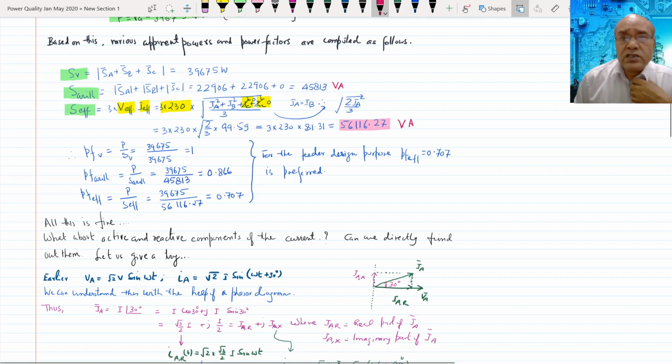Okay, so you can see the power factors, basically this is power factor phase B, and this is power factor phase C, and so on.